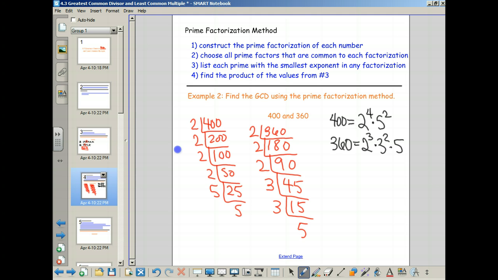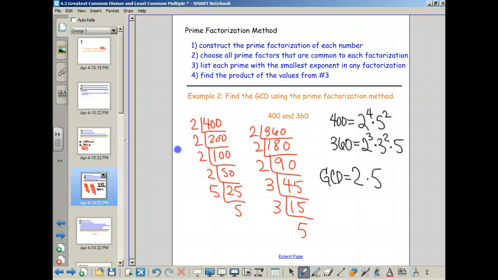All right, so the greatest common divisor takes any prime factor they have in common. So tell me a prime factor they have in common. 2. They both have a 2 in them. What else do they both have? 5. A 5 in them. But be careful, I'm not done. I need the 2 and the 5, but I need them raised to the least exponent you see in the problem.